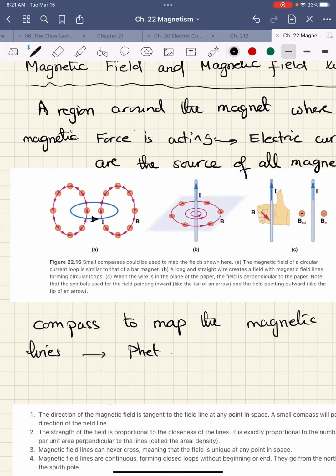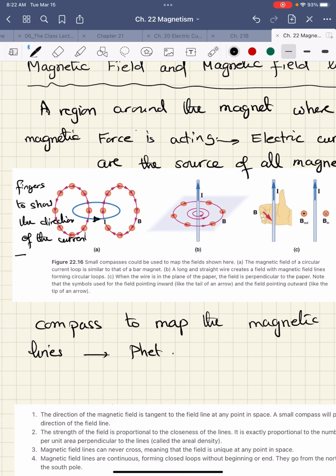Now, what I can do is use what is called the right-hand rule, where I use my fingers to show the direction of the current, and then my thumb shows the magnetic field direction.